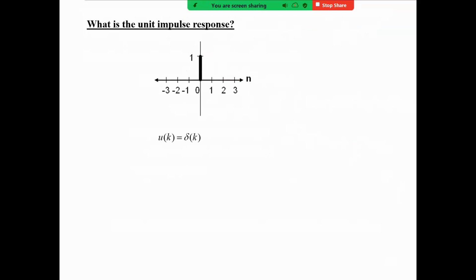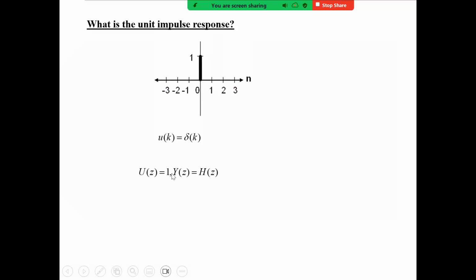But anyway, we already know how to get the Z transform. What's the Z transform of this signal? That's the first example we worked out. The Z transform is 1.